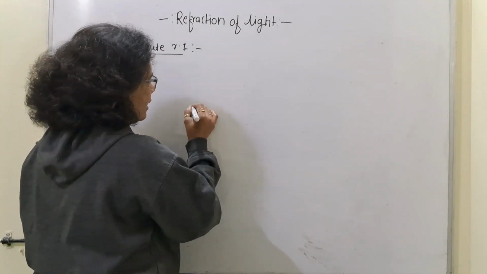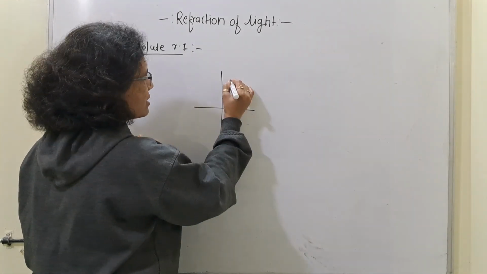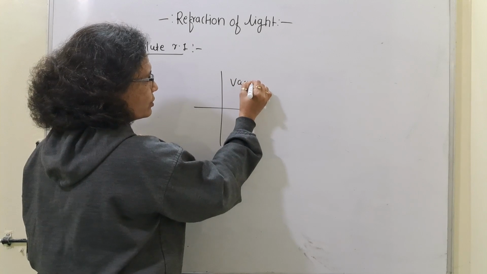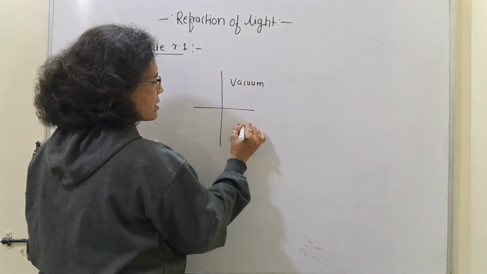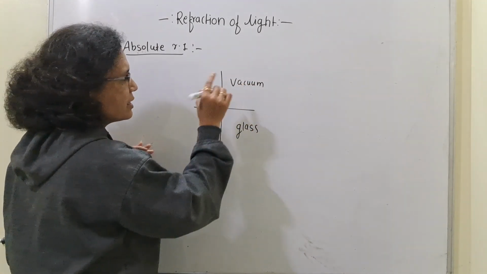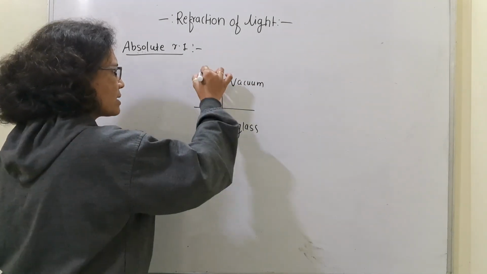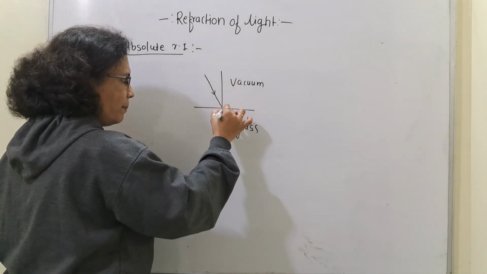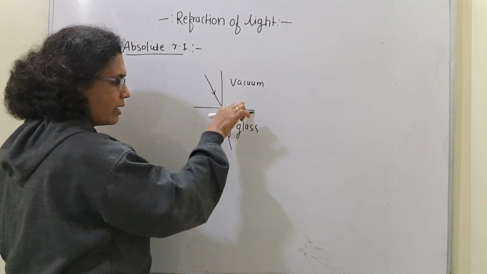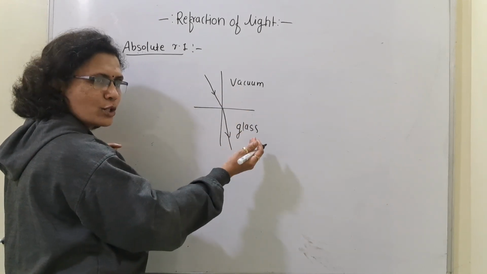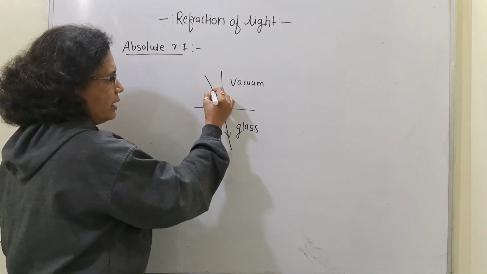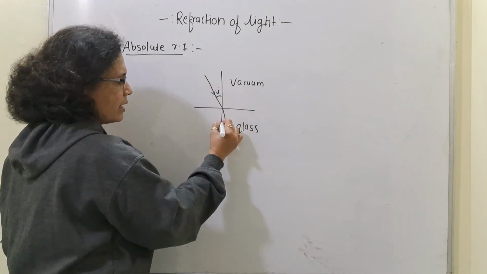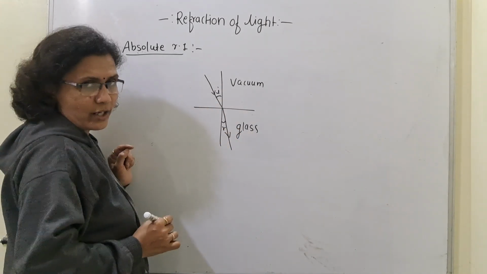So, if light is traveling from vacuum to glass, light incident here will bend towards the normal. That is, from rarer to denser, the ray bends towards the normal. Here it is the angle of incidence and this will be the angle of refraction.